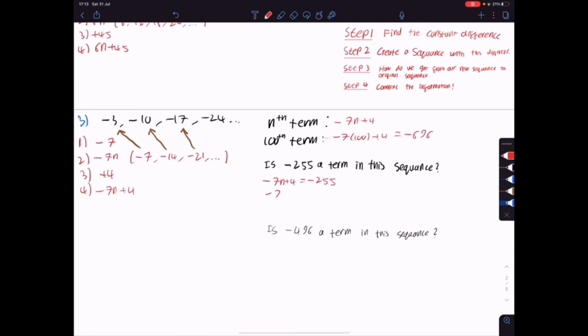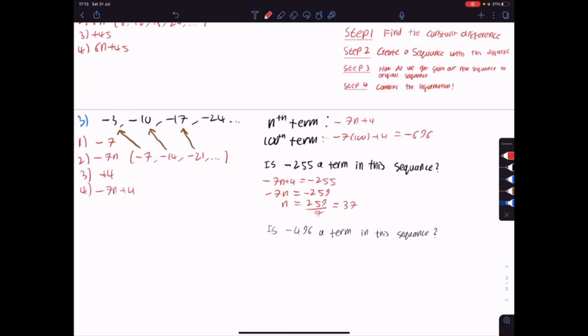So if we just take 4 from each side of our equation, we will have -7n equals -259. Divide each side by -7, the negative cancels out, and we'll have 259 over 7, which, using a calculator or in your head, we can just see is 37.